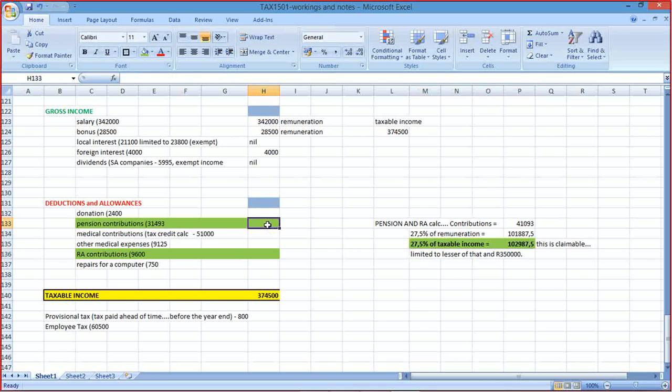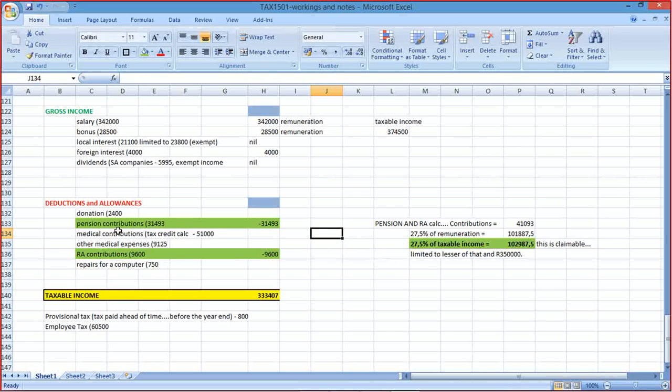So minus 31493 will be claimable, and negative 9600 will be claimable. So I can claim those two deductions. This would be claimable against my income tax for this particular year. Make sense?